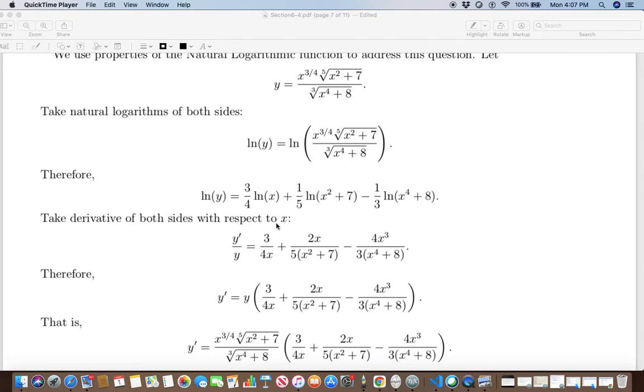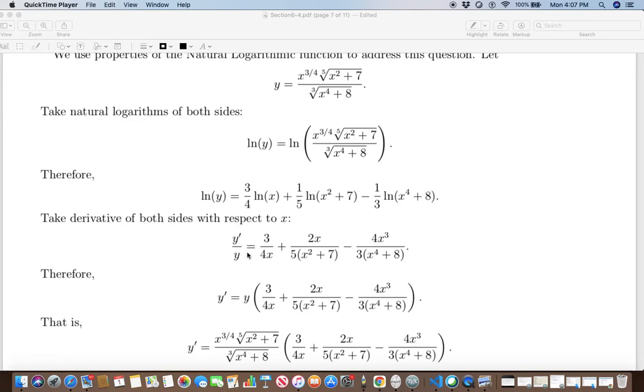So take derivatives of both sides with respect to x. So on the left hand side, notice this is a function y, which is in terms of x. So the derivative of natural log is 1 over y. By chain rule, you need to take the derivative of y itself.